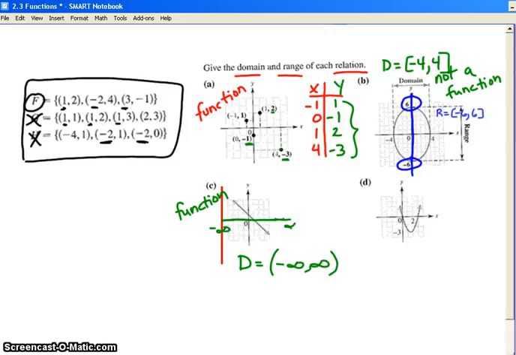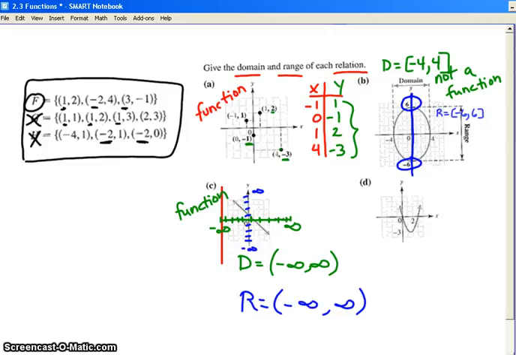Any number for x along that number line there will work in this function. The range is the same, from negative infinity all the way to positive infinity. All my results will be on that number line.